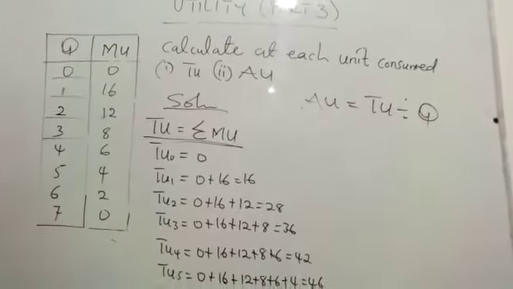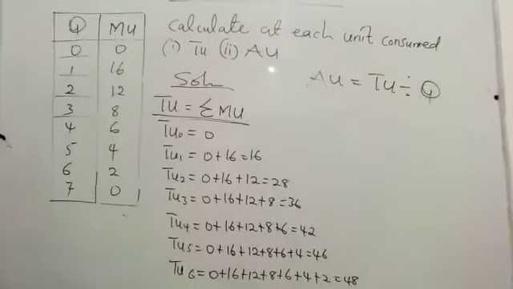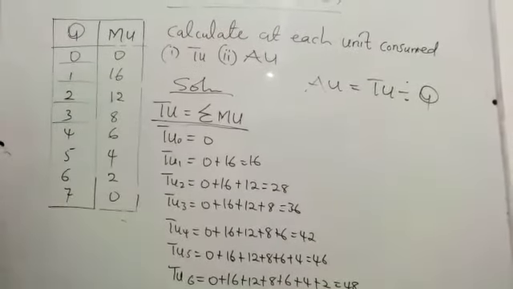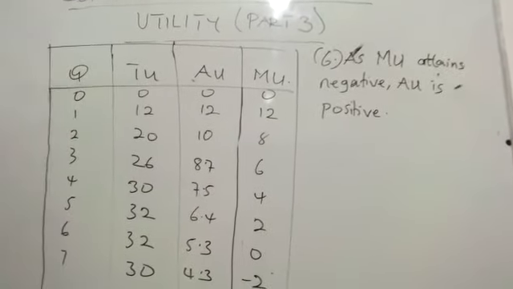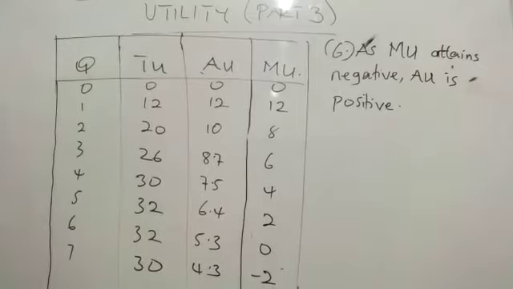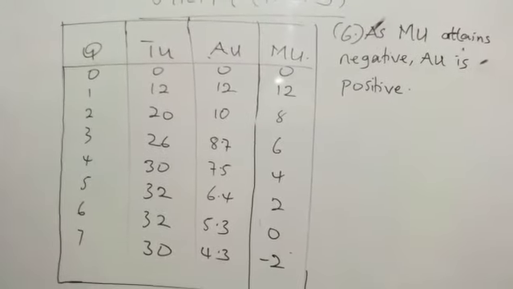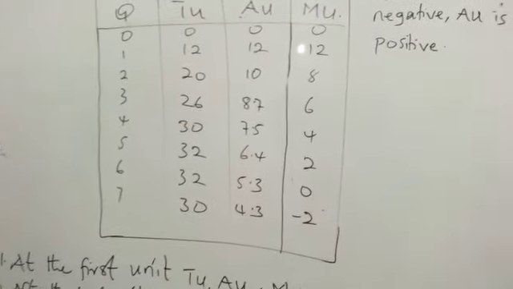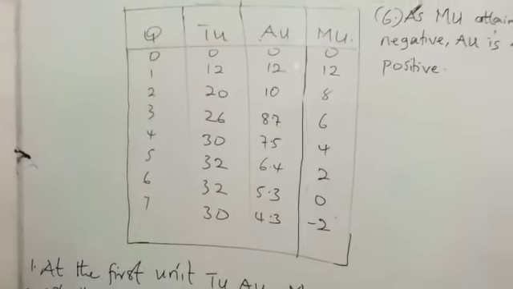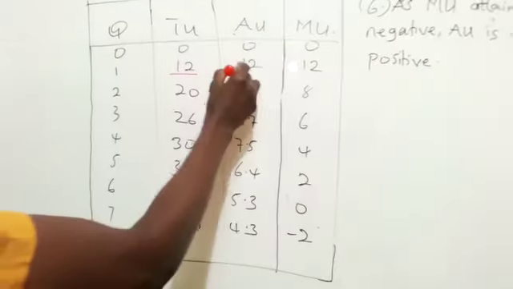All right. So we are now going to look at the relationship between TU, AU, and MU. Is that clear? This is a general table that we have considered just to look at the relationship between the TU, the AU, and the MU. So when you look at the table, at the first unit, they are all equal.